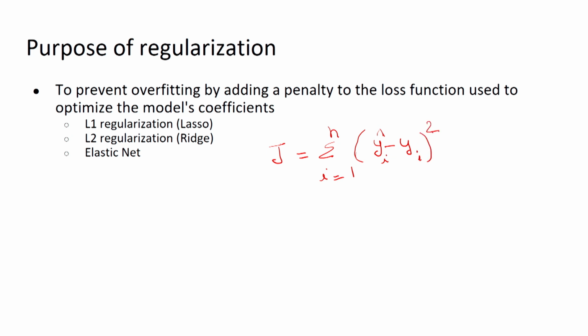This is the cost function, and we try to minimize it. This is called the sum of square error.